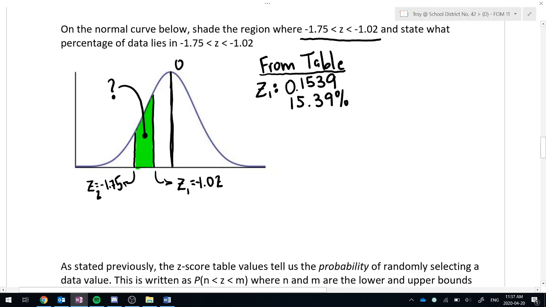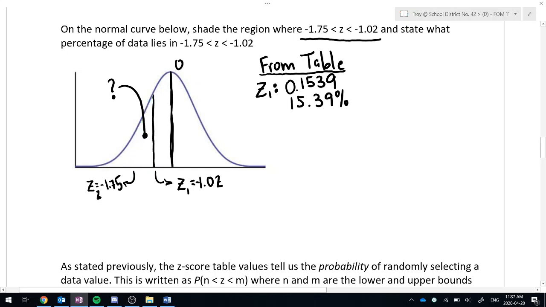So why do we care about that amount? Well, what we can do now is look up the value from the z-score table for z2, that's going to give us strictly this amount.